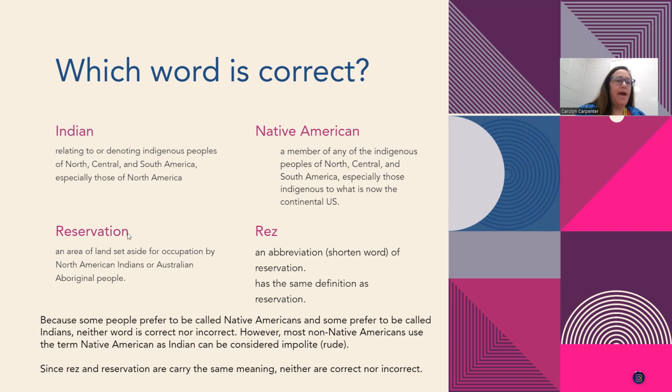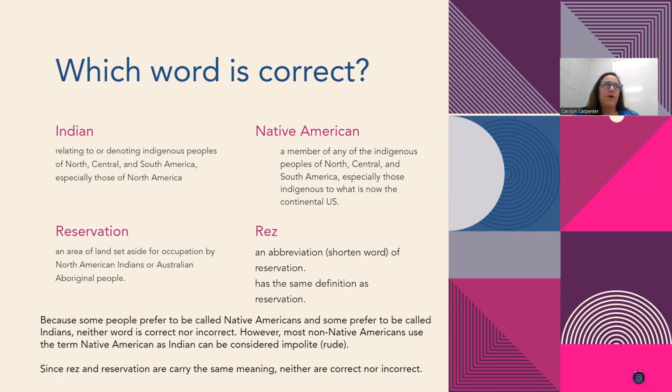And then we have the word reservation and res. These words really aren't that controversial. It's just that one is an abbreviation. A reservation is an area of land set aside for occupation by North American Indians or Australian Aboriginal people.